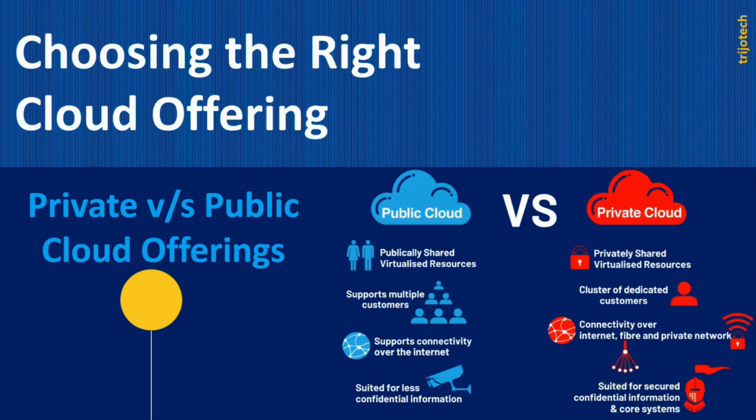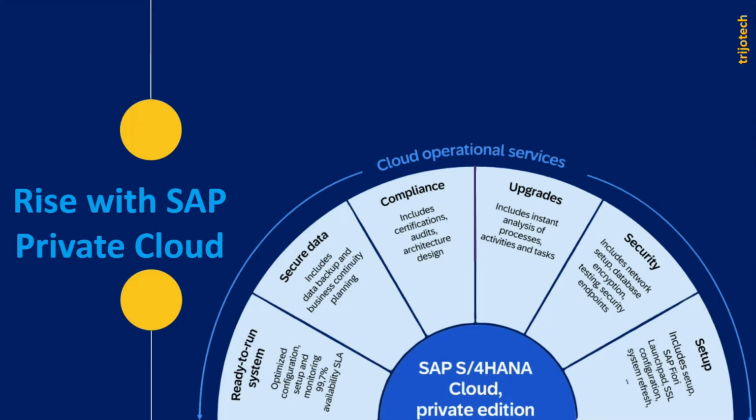But if it is too complicated, then you can think of RISE with SAP or the private cloud option. This is nothing but a copy of our on-prem system, wherein you are free to do any kind of enhancement. But again, the idea is to reduce our enhancements, as we are discussing.